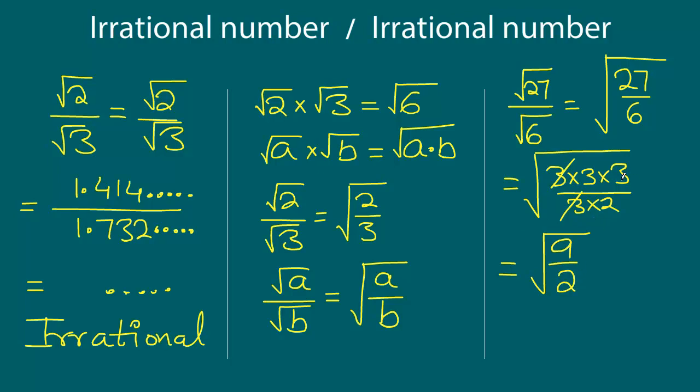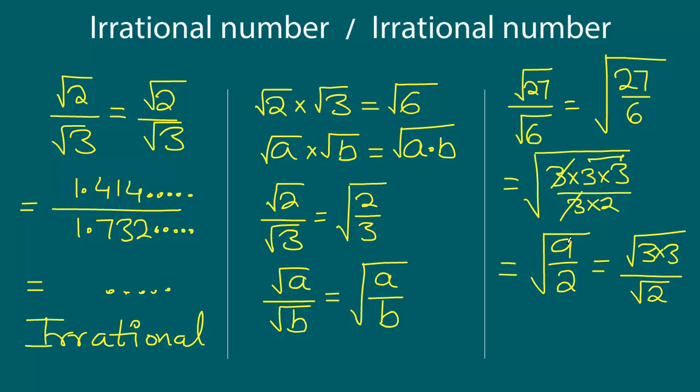Now, if you look closely, we have seen earlier that for every 2 common factors, 1 will come out. So we can write square root of 9 as square root of 3 times 3 by square root 2. Now, why is that? Remember, if we have square root a by square root b, we can write this as square root of a by b.